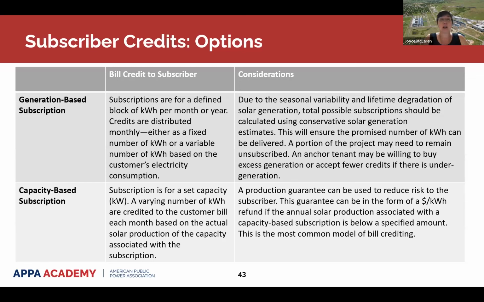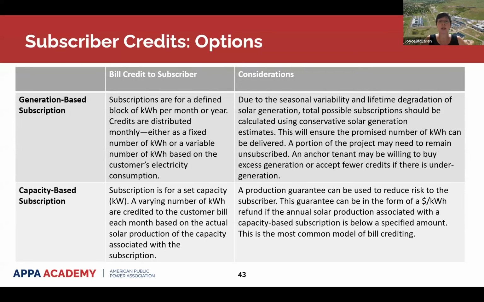And if you have a generation-based subscription design, you have to be sure that you have enough generation to cover the subscriptions that you've sold. So you may upfront need to keep a portion of the project unsubscribed in order to ensure that you're always able to deliver what you've sold in subscriptions. So that's a consideration when you do the generation-based subscription design.